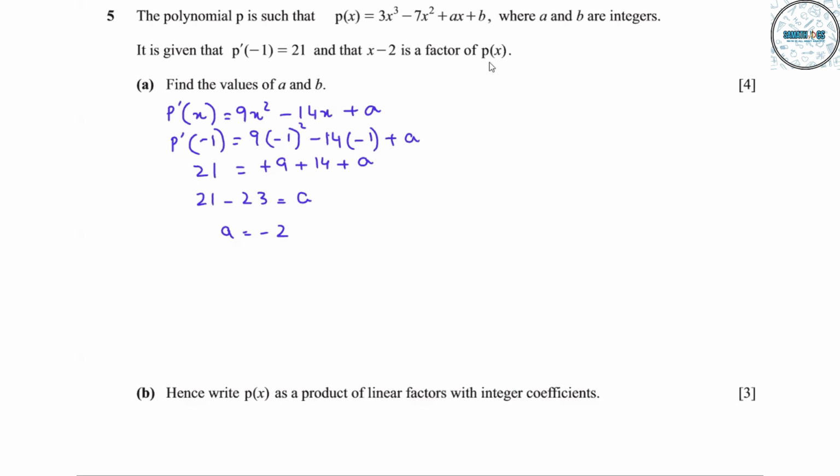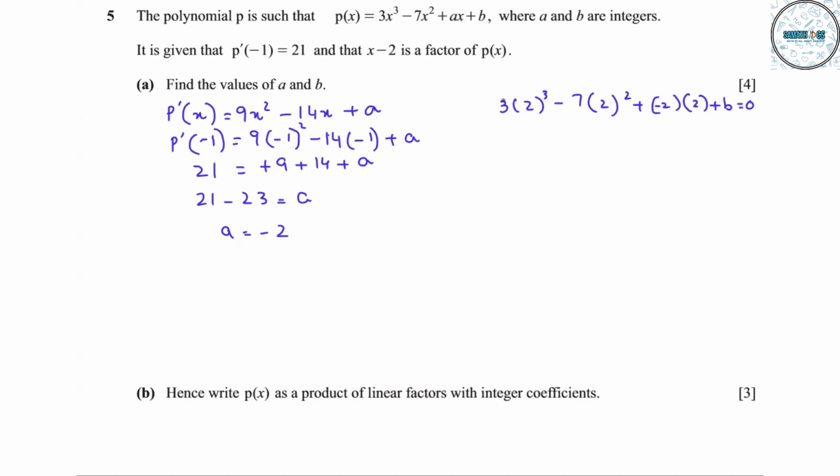Now we will apply the second condition. According to that, if we substitute 2 into the expression p of x, it will be equal to 0 because x minus 2 is a factor. We'll substitute the value of a as well. Plus b is equal to 0.